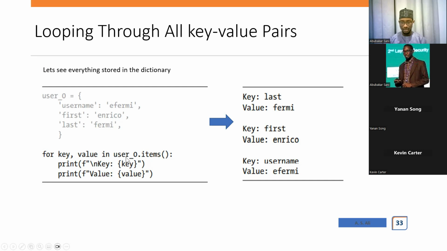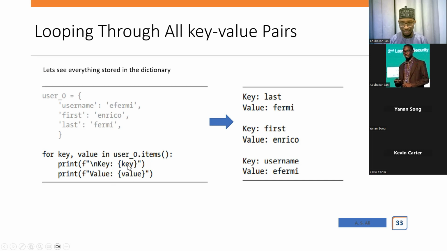And I can use the user 0 dot items if I want everything to come. But look at my for loop. The syntax, I said for key, comma value. Key is username, value is Farmi. Key first, value Enrico, key last, value Farmi. So I'm printing the key and values.